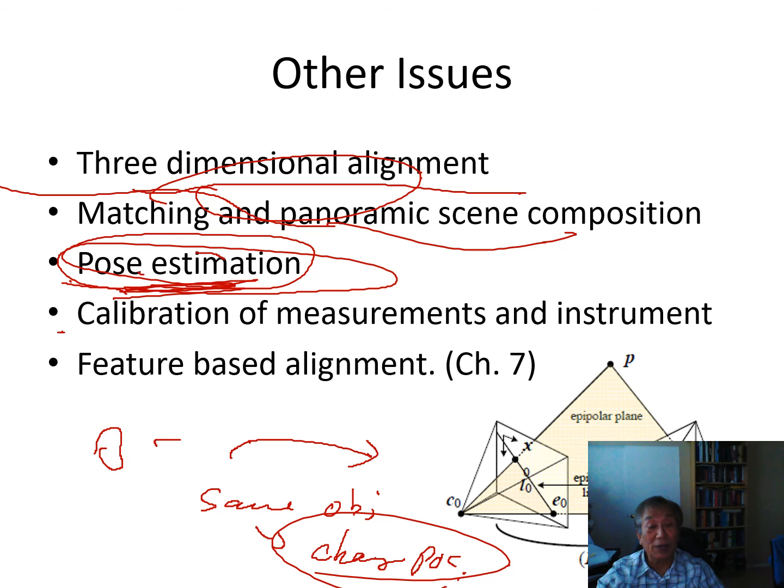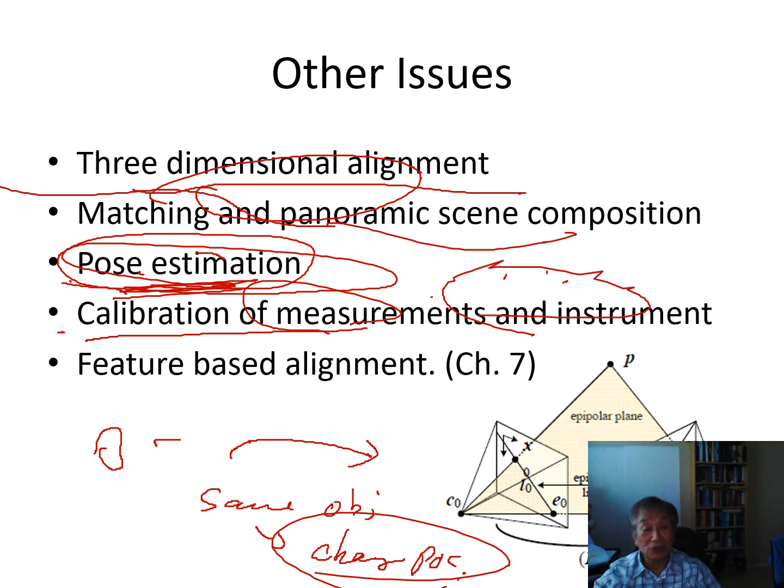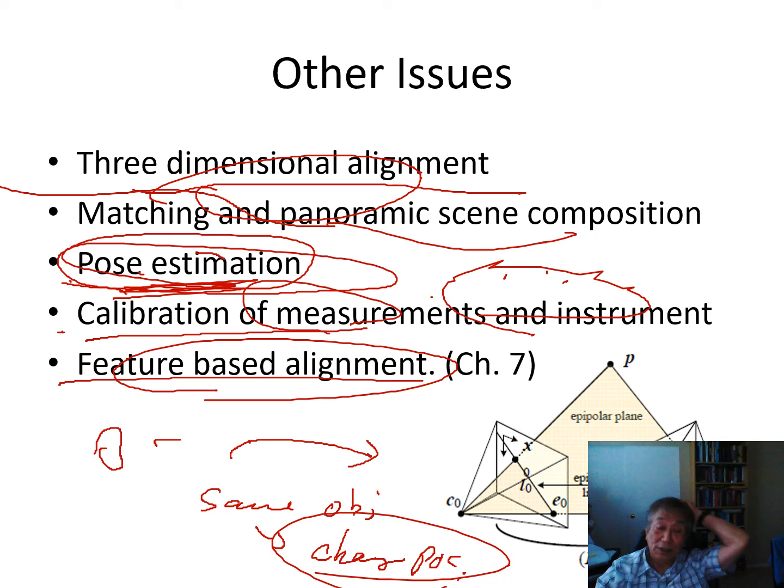Then the calibration of measurements and instruments is another big task we must have. And with feature-based alignment, there are proper matching issues here, and sometimes we worry about how things will work when things are in motion, when something is changing.